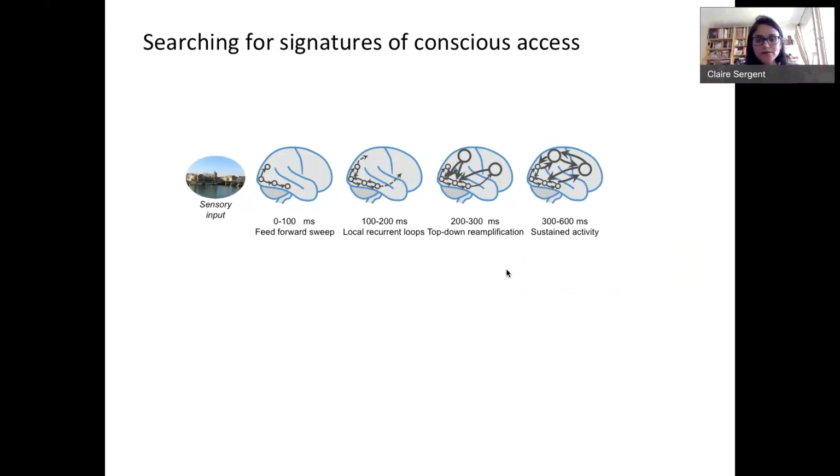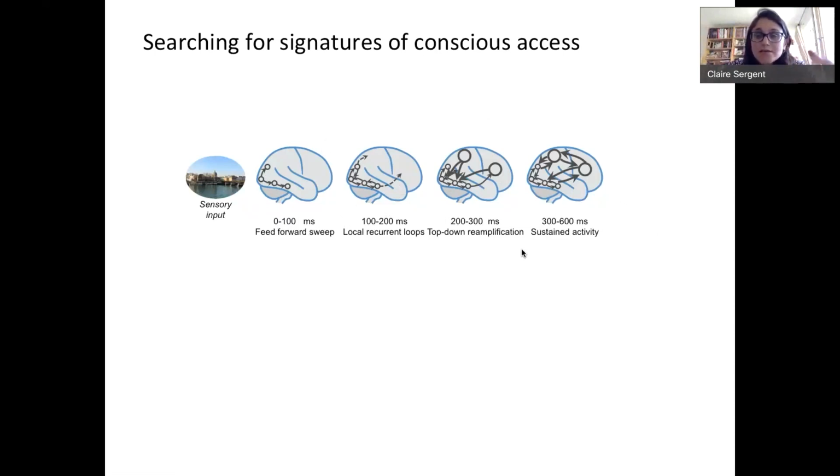But what we observe is that in different protocols, any stage of stimulus processing seems to be, in one protocol or another, correlating with conscious access. In some experiments, we see the difference between conscious and unconscious processing in very early events. In other protocols, we see these differences that occur late.